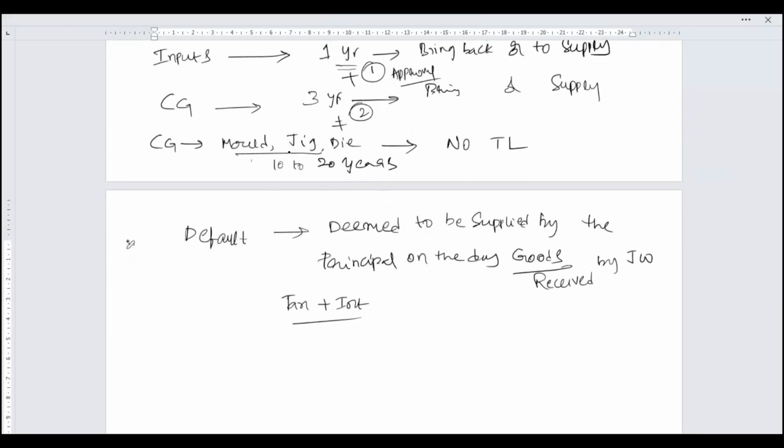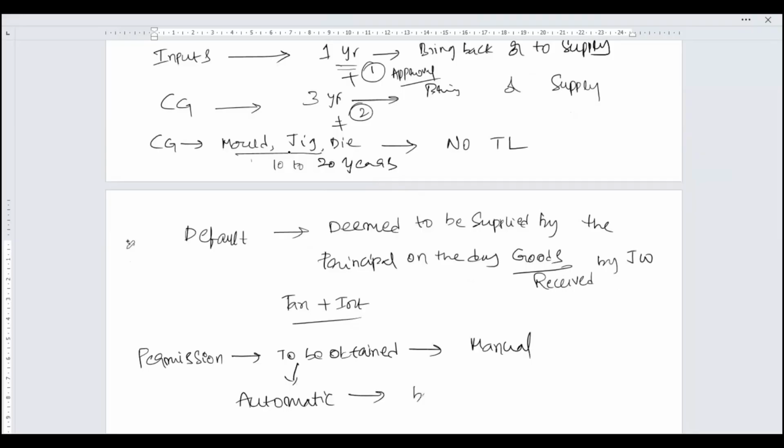And there is a permission which needs to be taken. The permission earlier was manual. Earlier, it was under manual. Under GST law, this is automatic. How automatic?